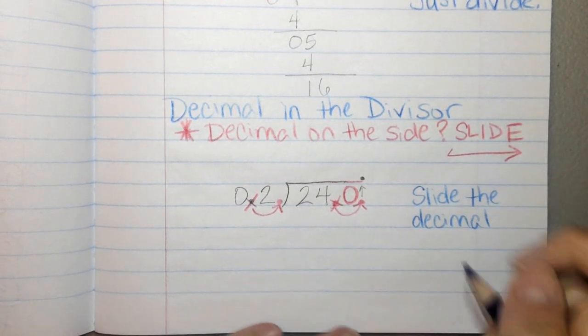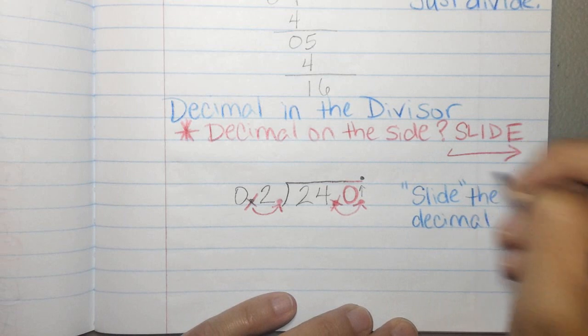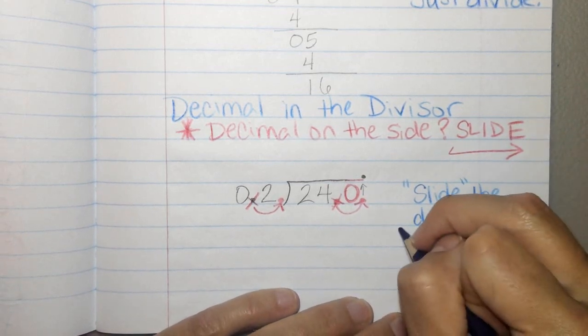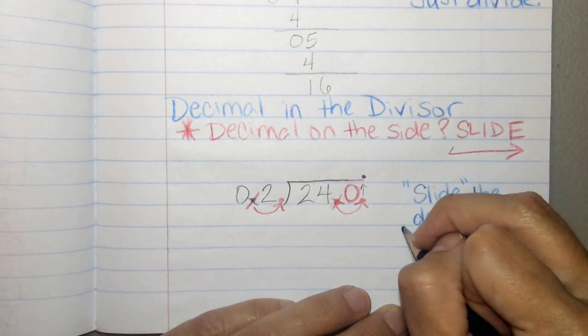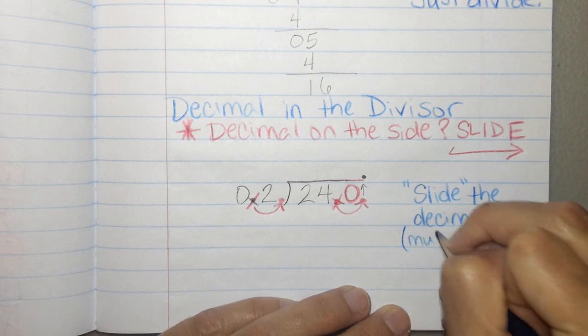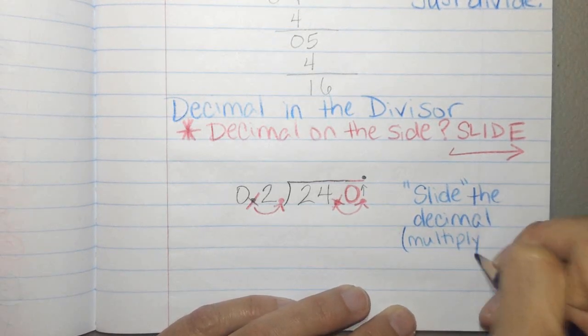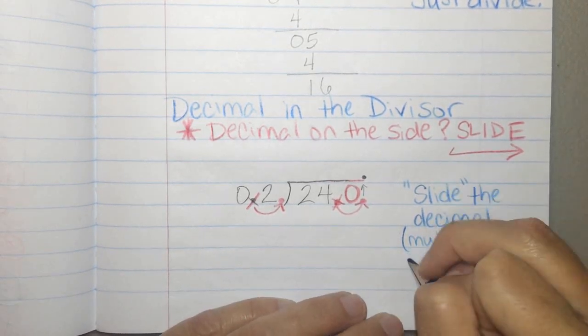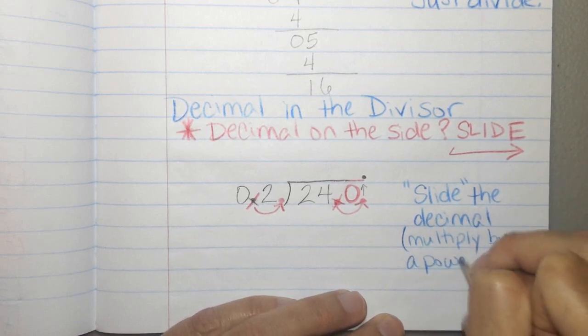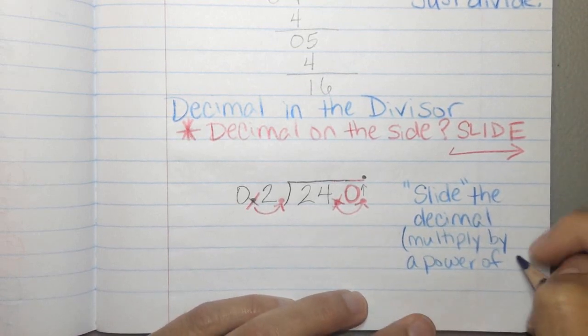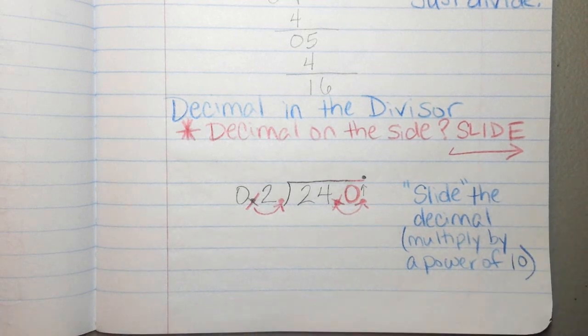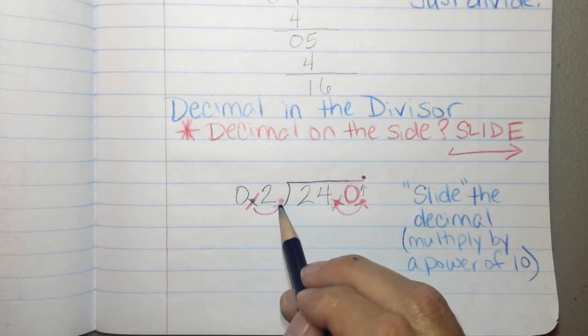When we say slide, that's not really what you're doing. What you're really doing is multiplying by a power of 10. So you can multiply by 10 if you need to move the decimal one place.